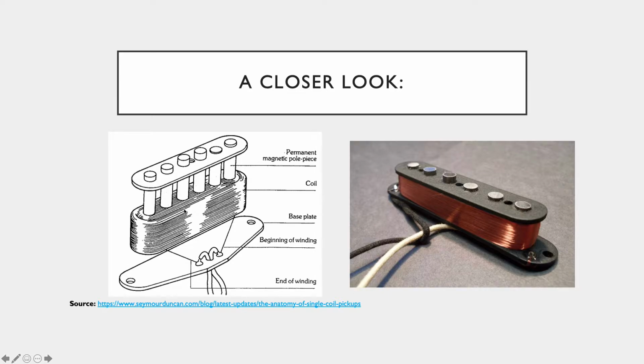And then down here we have some base plate and winding. These are just more for engineering purposes, and we don't really need to care about these for the sake of this presentation. But anyways, we can think of these pickups as a group of magnets that are being wrapped thousands and thousands of times by these copper coils, and we're going to see very soon why they're constructed the way they are.